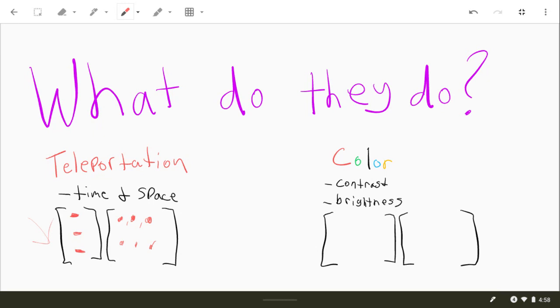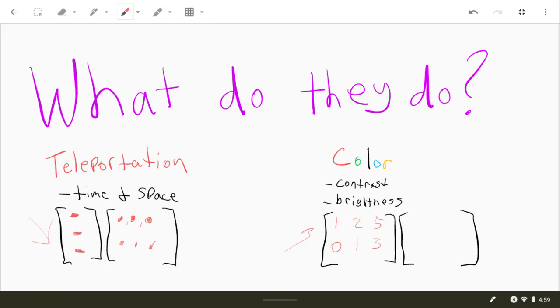One thing that they are used for is color changes. Let's say this first matrix here, I have no idea what these numbers could actually be, but each of these cells might represent how much of a color you would add to make a certain color. So one might be blue, two might be yellow. You're doing 1 part yellow, 1 part blue, 2 parts yellow, 5 parts red, or something like that.